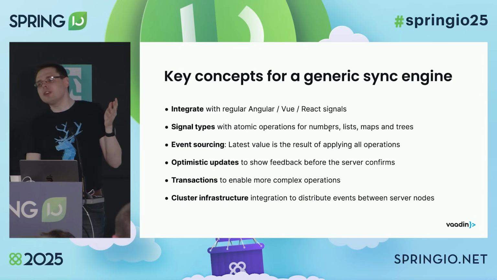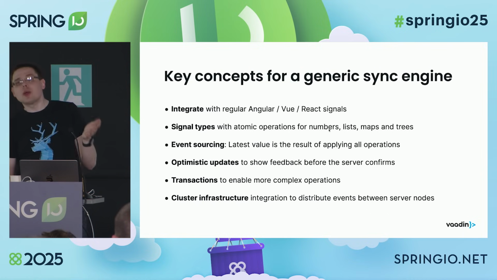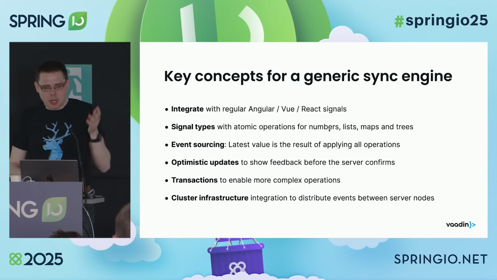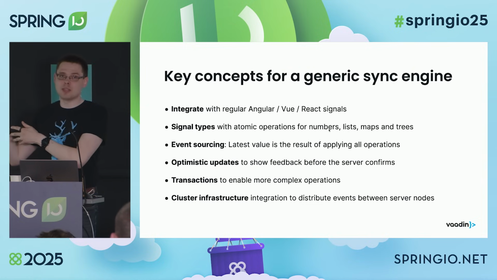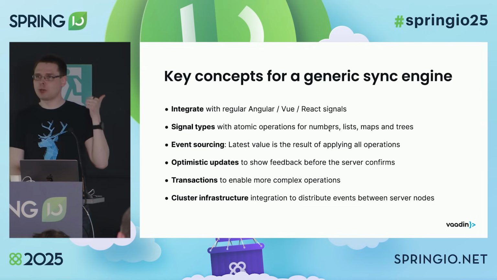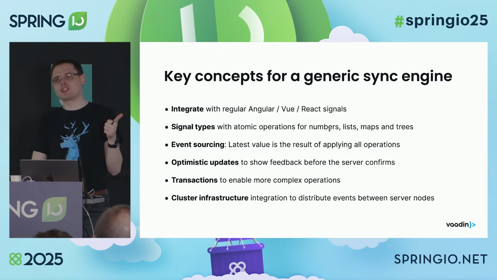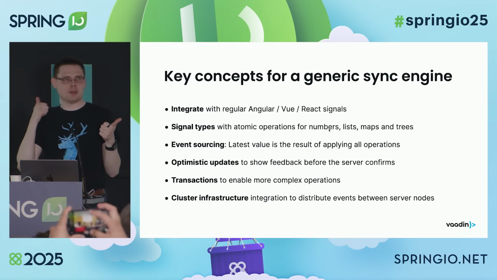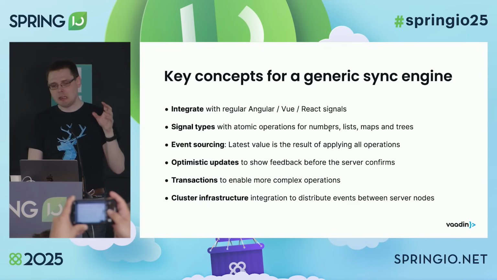But first, if you want to build your own synchronization engine, there's lots of things that you might want to think about. You don't need to memorize this slide either. It's a long wall of text. That's the whole point, to show that there's a whole bunch of things you might need to take into account. First, you want to integrate with your rendering library so that it works the same way as regular signals. Then you need all these different kinds of signal types, like number signals, list signals, and so on, to be able to do these fine-grained events.